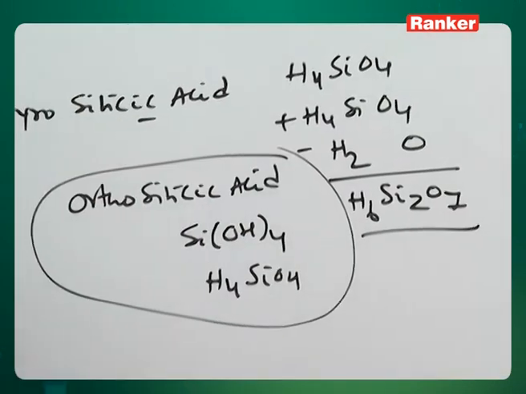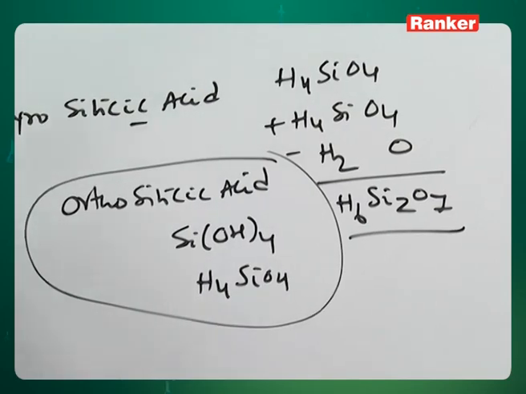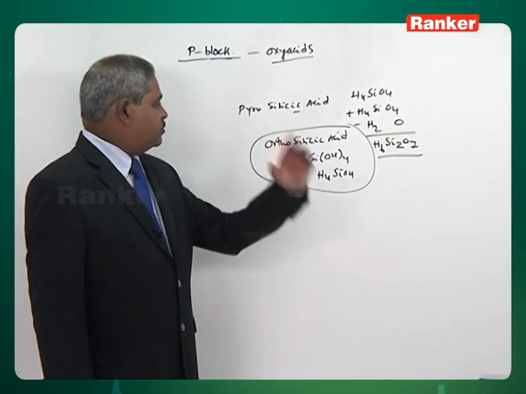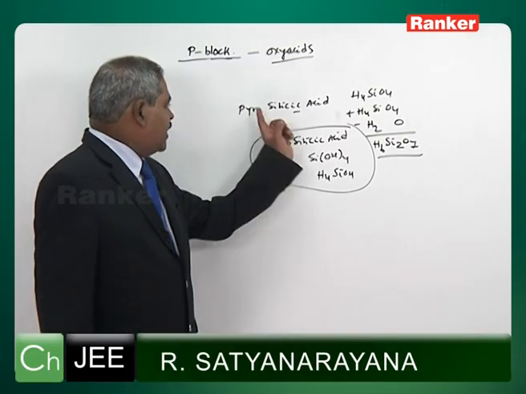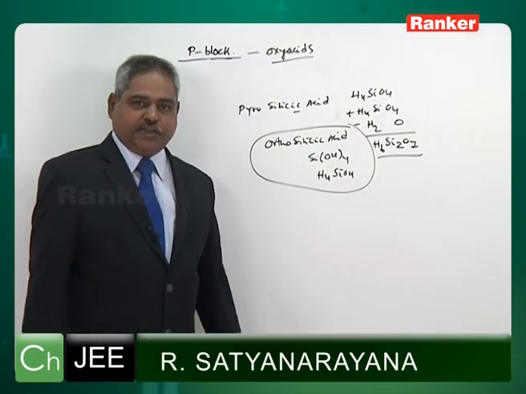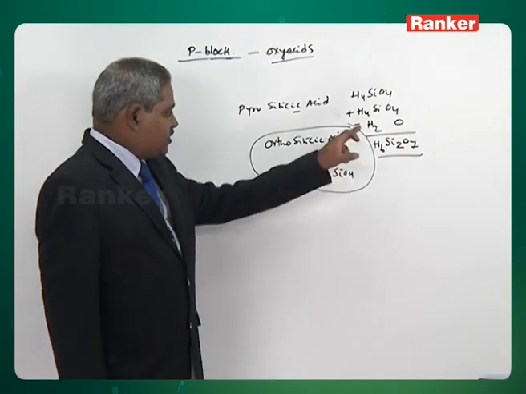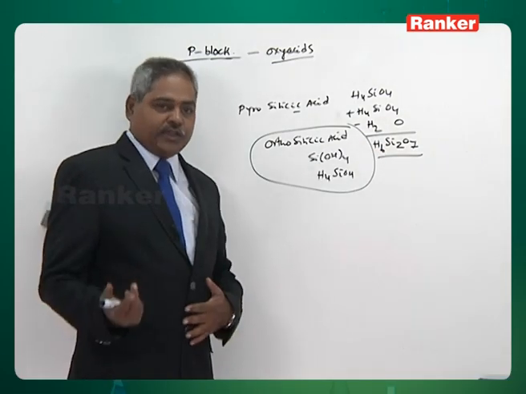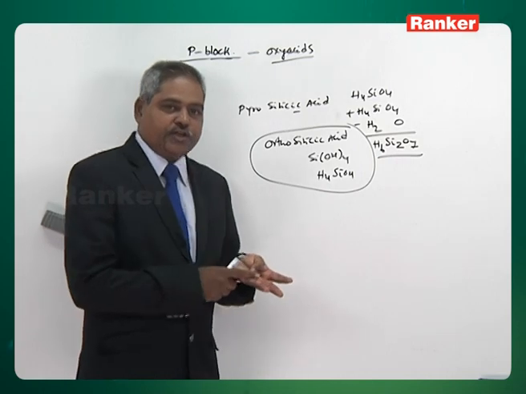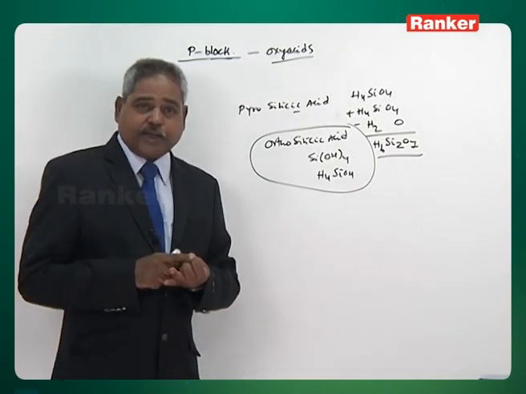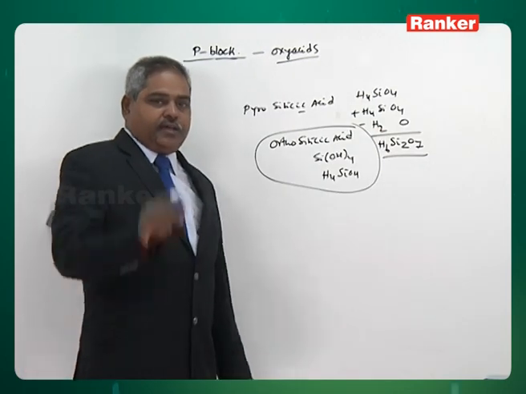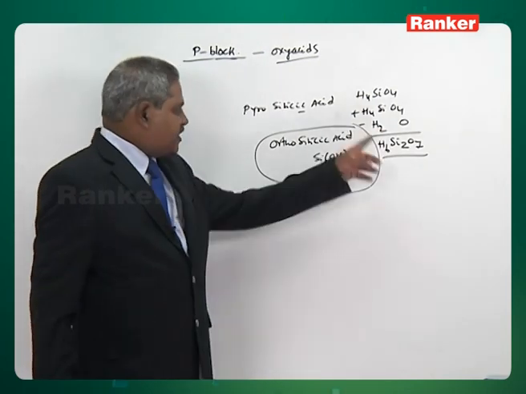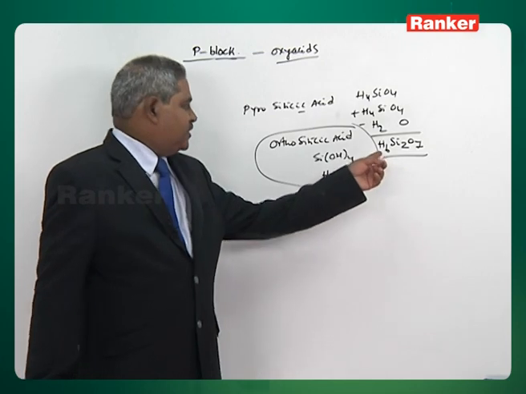I ask you, what is the basicity of pyrosilicic acid? How many OH groups are there in pyrosilicic acid? You can't answer that question unless you know what is pyrosilicic acid. If you know pyrosilicic acid is H6Si2O7, you can draw its structure, you can find the oxidation state, you can find the hybridization, and you can dare say number of OH groups is equal to 6 because you have H6.